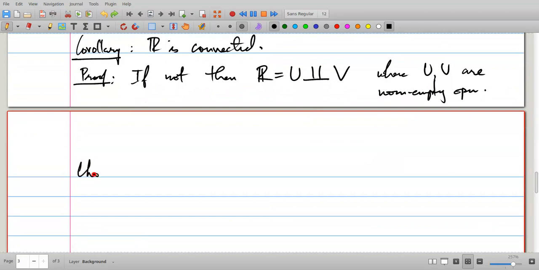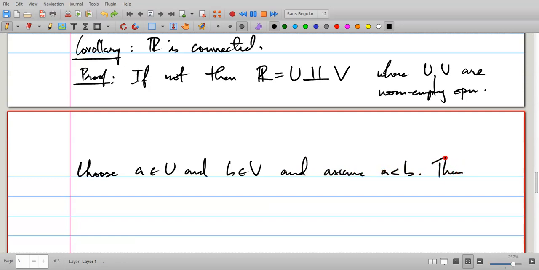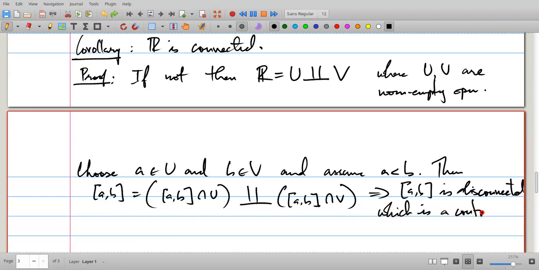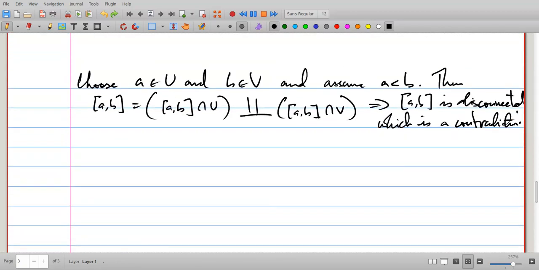We choose A in U and B in V, and assume without loss of generality A is strictly less than B. Then when we intersect with the interval [A,B], we get that [A,B] is written like this as a disjoint union, which implies [A,B] is disconnected, which gives a contradiction. So this completes the proof. We have shown that R is connected.